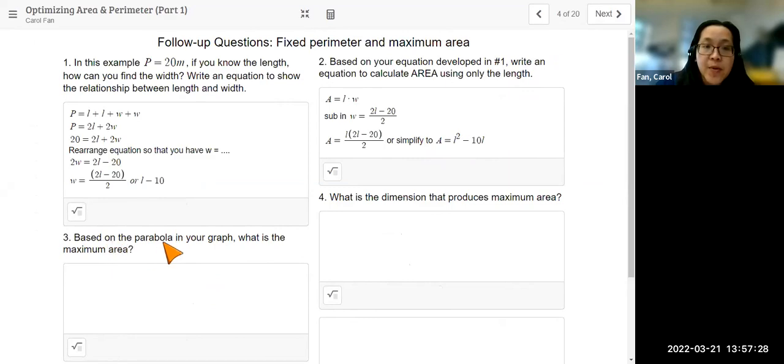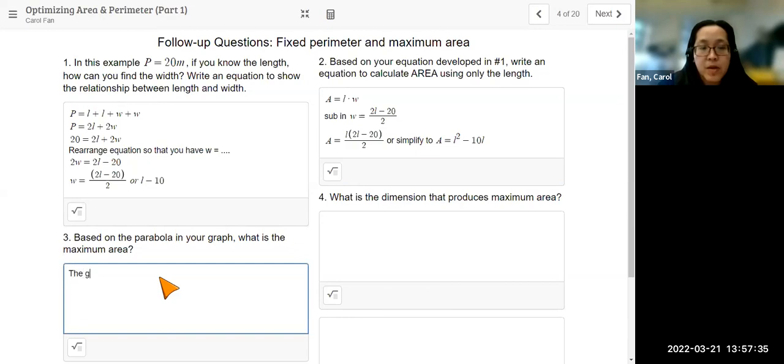Okay, so based on the parabola in your graph, what's the maximum area? Okay, so we have the vertex at (5, 25), where X and Y mean length and the area.